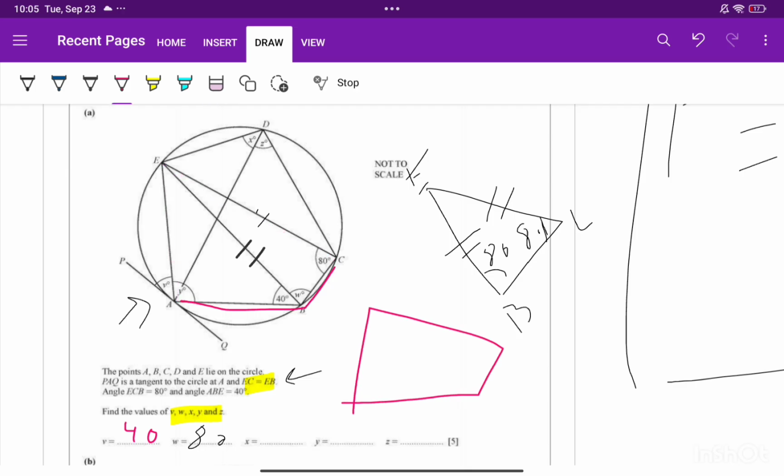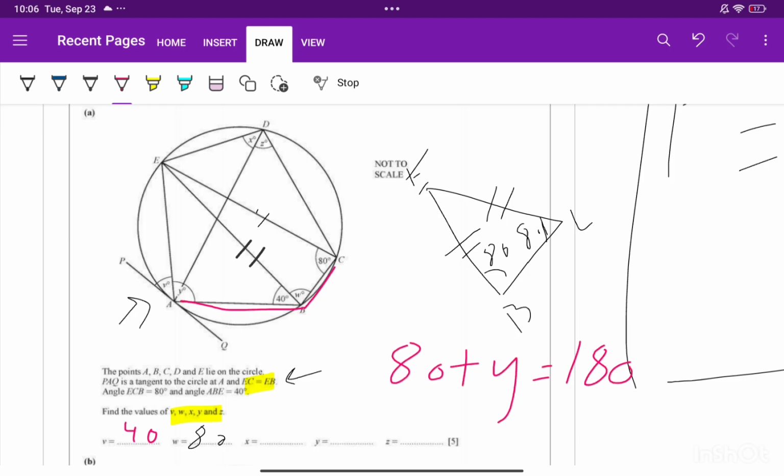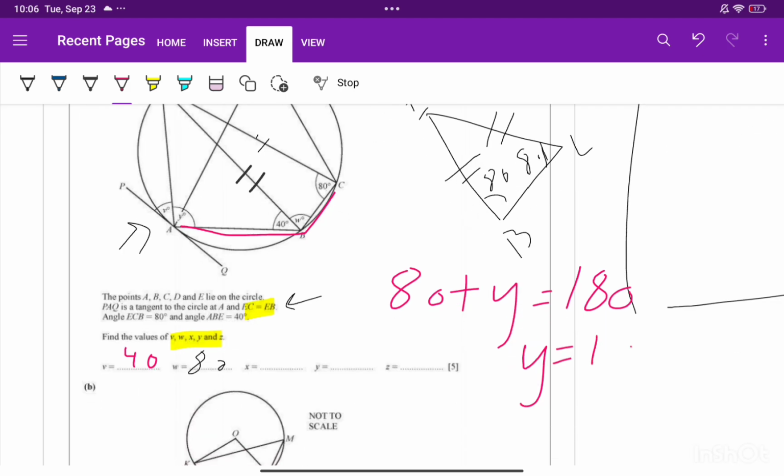So don't judge my drawing. In a quadrilateral, these two opposite angles add up to 180. So over here C is equal to 80, we don't know y, and the sum is equal to 180. So we can find y. y will be equal to 100. So we will write 100.